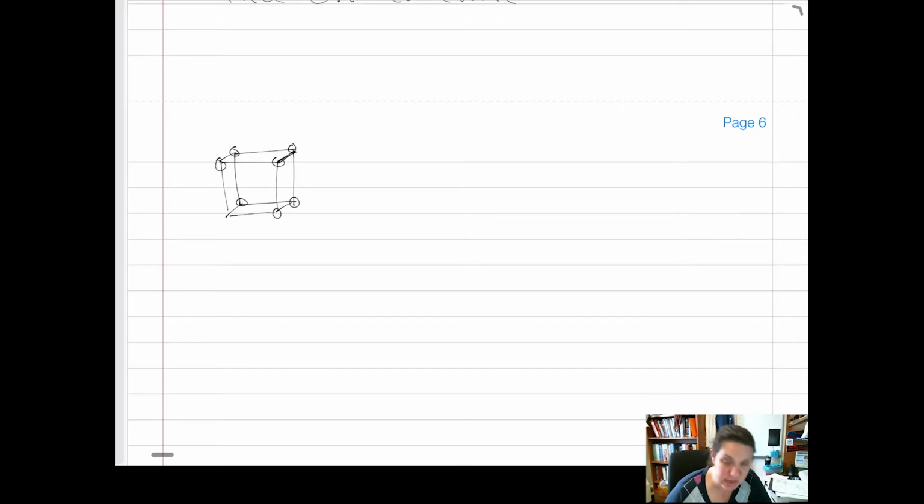There are 8 corners, and each accounts for an eighth, so our Z is equal to 1. Our coordination number is equal to 6, and our A is equal to 2R. That A value will be given. So whatever atom you have in there, if you multiply its radius by 2, it'll be your edge length.